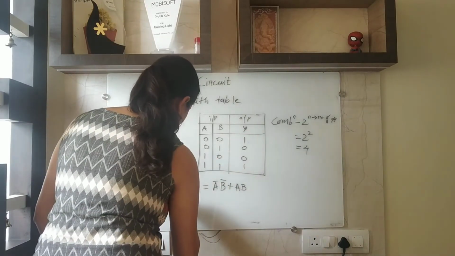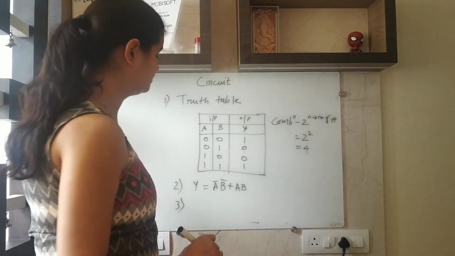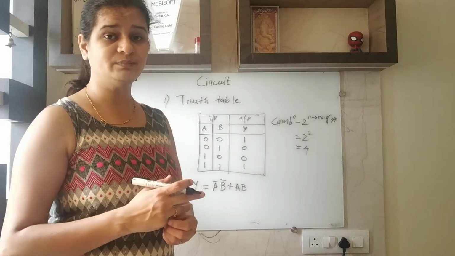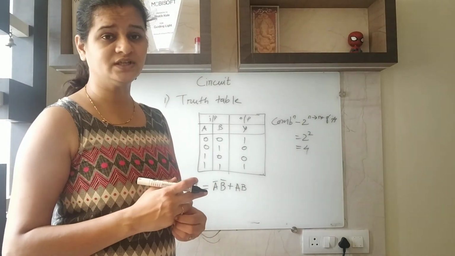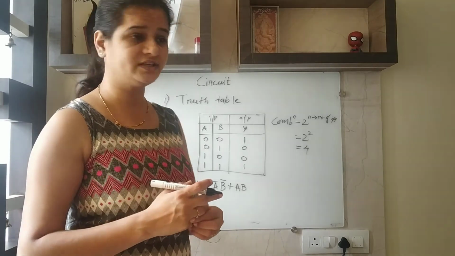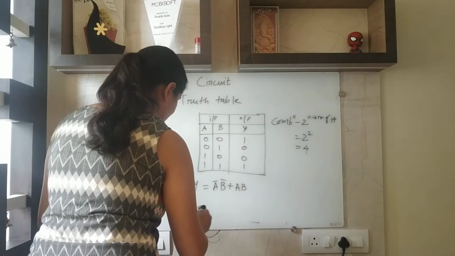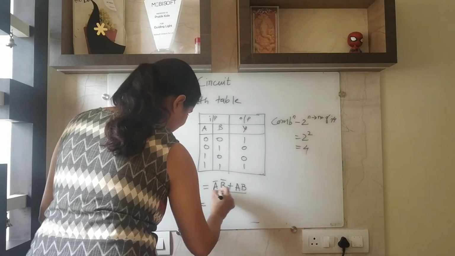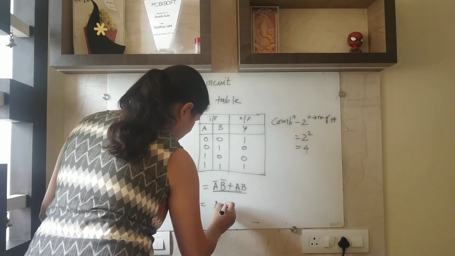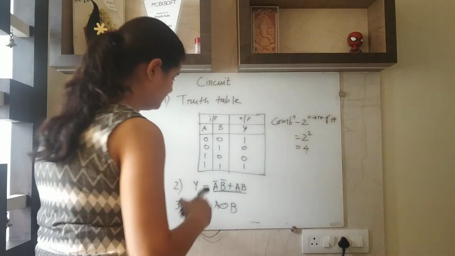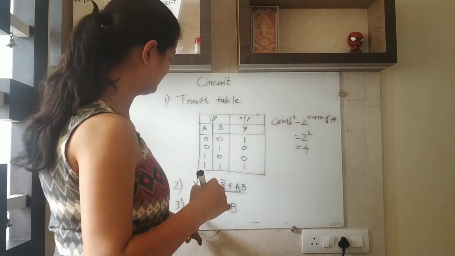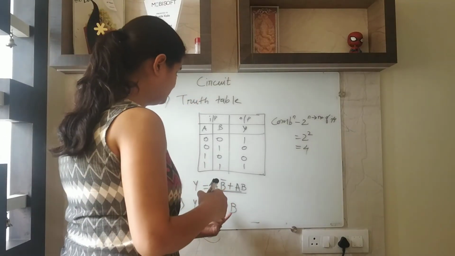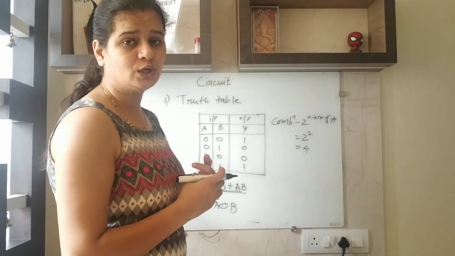Now the third step is what? Simplify the equation. To simplify the equation, there are Boolean laws and De Morgan's theorems. By using them, we simplify the equation. For simplifying, you can see that this is the formula for A XNOR B, right. So this is the simplified equation, and to draw the circuit we will just require logic gates.